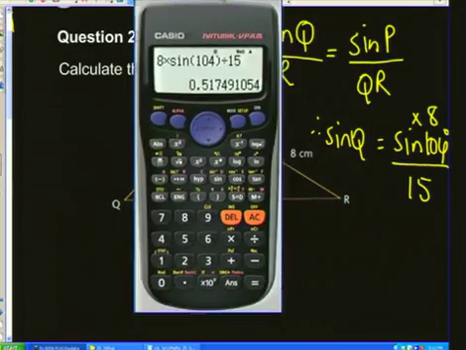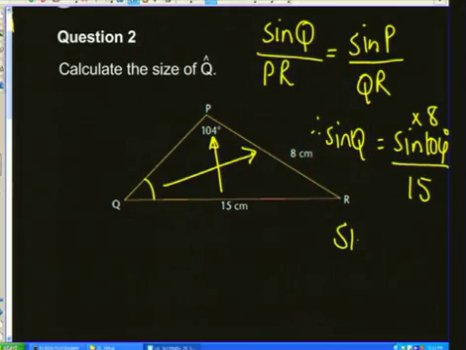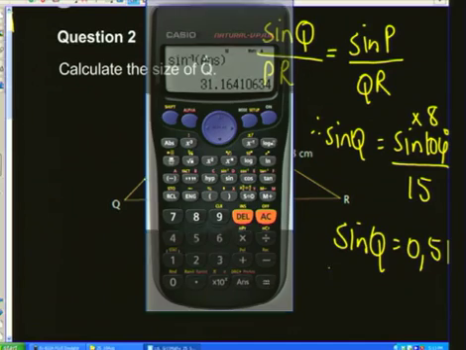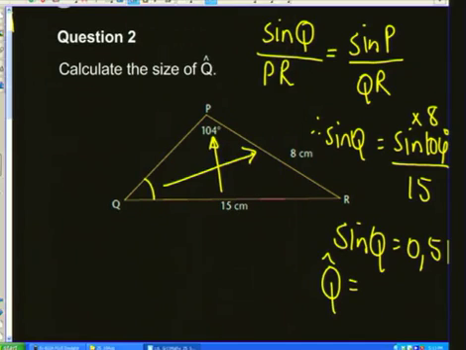Now remember, we're trying to find sine Q. So sine Q is equal to 0,51. That doesn't give me the angle, that gives me the ratio for sine Q. So if we look at the angle for that answer, that gives us 31,16, so 31,2 degrees. So Q is equal to 31,2 degrees.